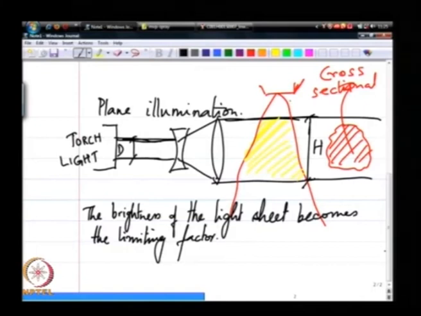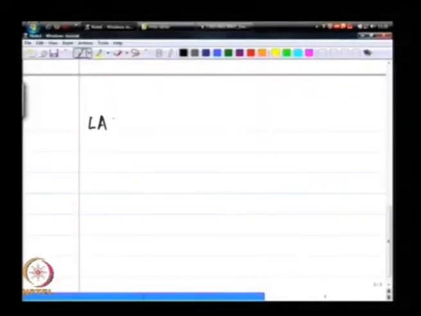Therefore, most of these techniques, while they were feasible, were not really practical until the advent of the laser. The laser provided a very nice way to pack a lot of energy into a beam.